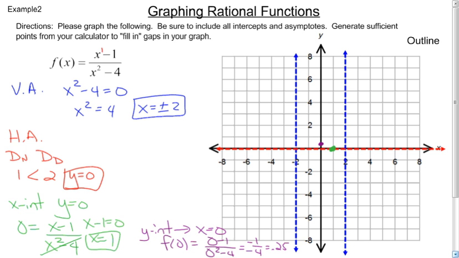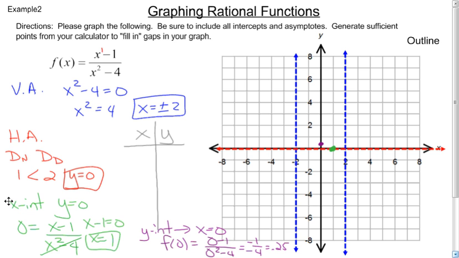Now for the table fill-in, okay, where I will pick some values for x and y and generate them from my calculator. We kind of have 3 sections here: left of this asymptote, between the 2 asymptotes, and to the right of this asymptote. Well, I don't have any values on the left, so I'll try and pick, again, it's this kind of a feel thing.